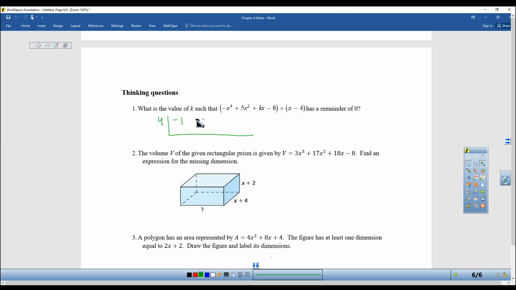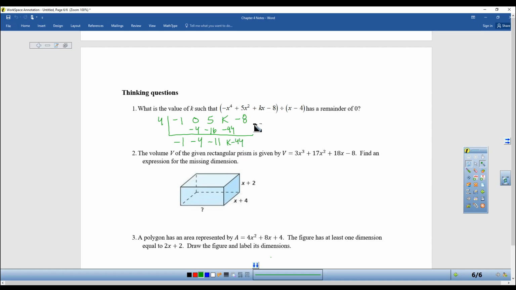And then you have negative 1, 0, be careful, 5, k, and then negative 8. So I start to go along. Negative 1, I add, multiply, add, multiply, add, multiply, add. So now I get k minus 44.